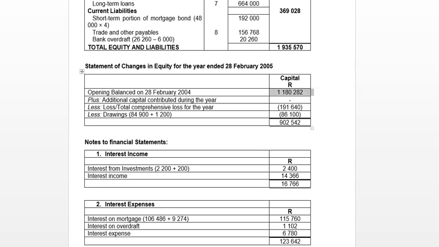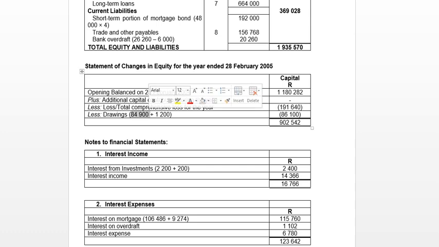So opening balance was 1,180,282 plus any additional capital contributions. Were there any? No. Plus our profit if we made, or less our loss for the year, and our loss for the year was 191,640, and then less our drawings.